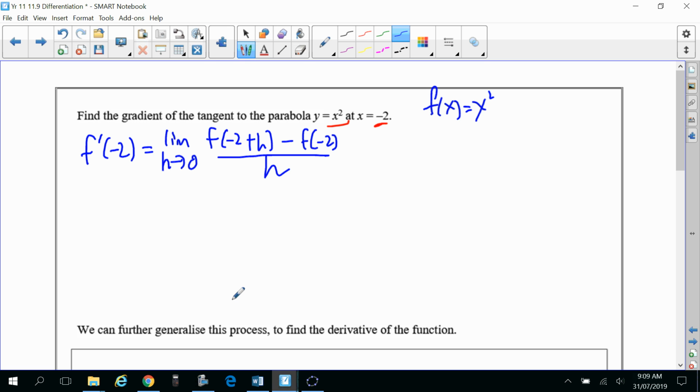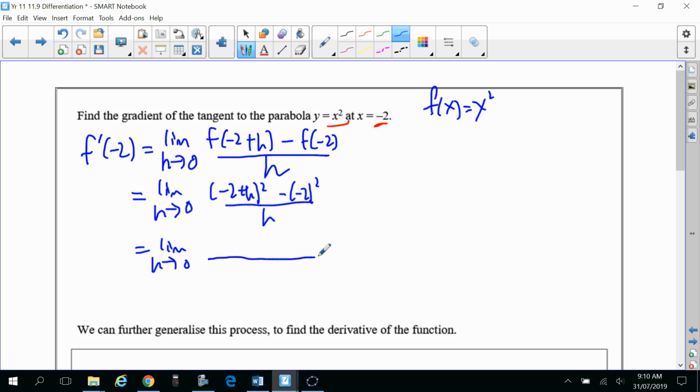I could find the gradient at any point. Let's see if it gives me -4. Hopefully it does, if your algebra is correct. Limit. Notice that I have to keep writing the limit until the last step. And it is necessary. Bracket, -2 plus h squared minus -2 squared, over h. And we keep going. Limit as h approaches 0.